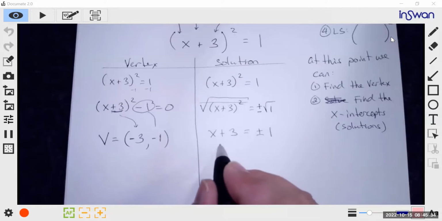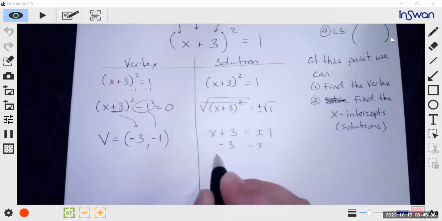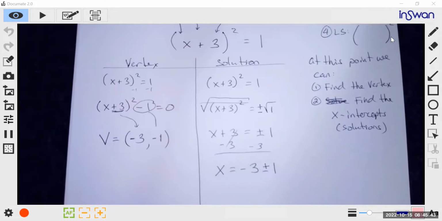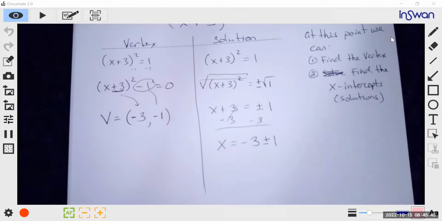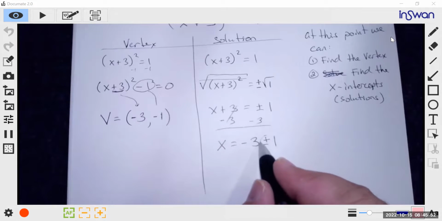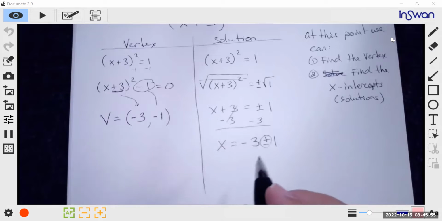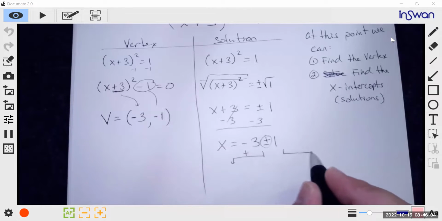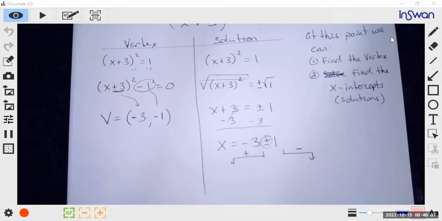Now solve for x. So x is equal to -3 plus or minus 1. Those are my two solutions. I have two solutions because of that plus or minus. I use the plus side there and the minus side there.